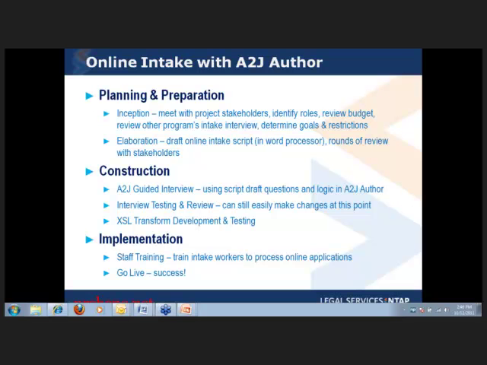At this point, your interview is done and ready to be used, and you like what it says and how it works. Now all you need is to create the XSL transform that will take the answers collected by your A2J online intake interview and transform them into a file that your case management system can read.